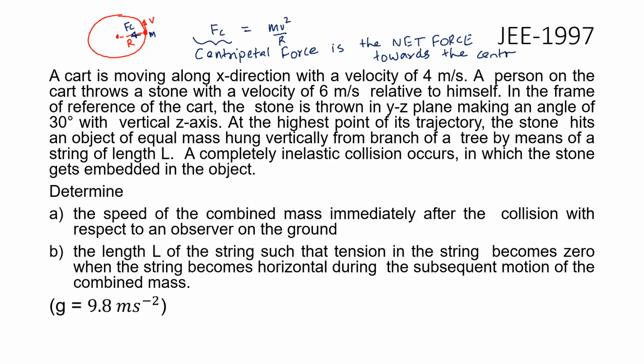Now that means if a particle has speed and it is going around a circle, that is only possible if there is net force towards the center of the circle. I think that should work as a clue for you to answer B part.